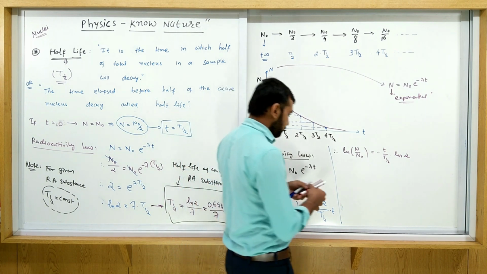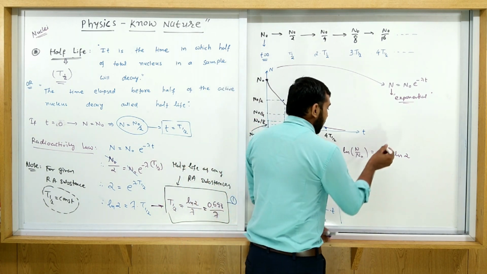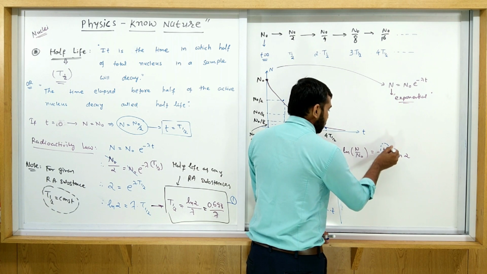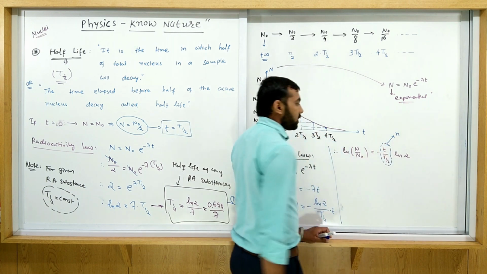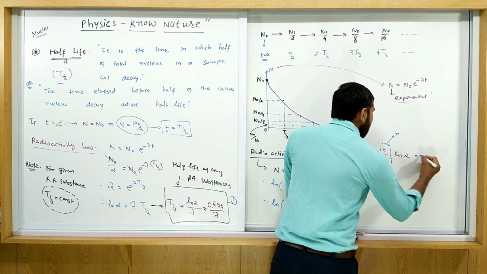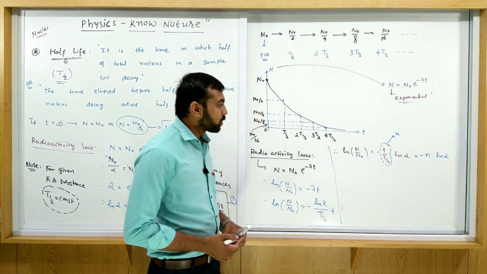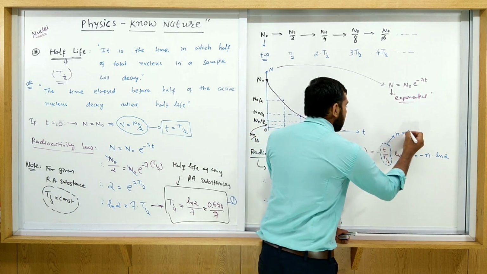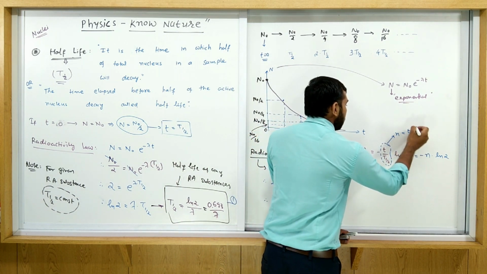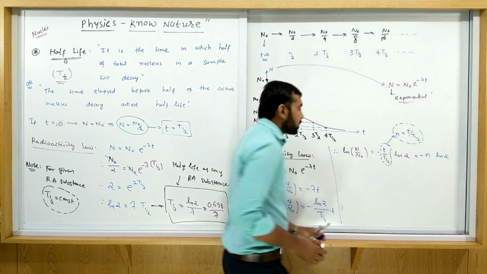Now consider t upon t1/2 is equal to n. So the equation is equal to minus n into ln2, where n is equal to t upon t1/2. This is another form.